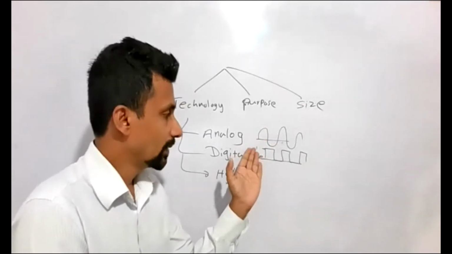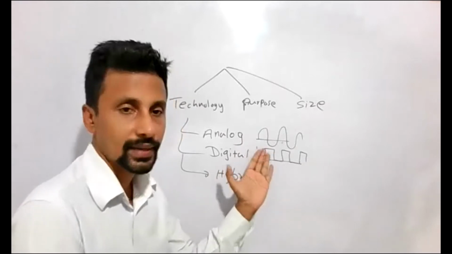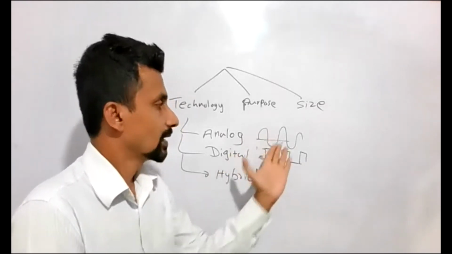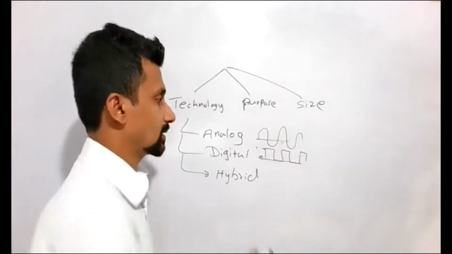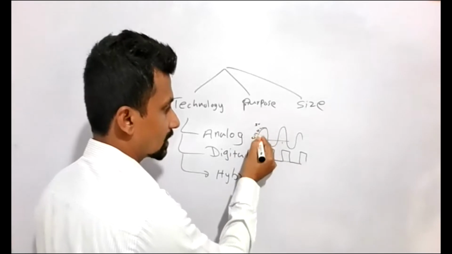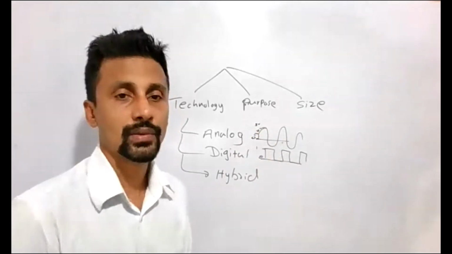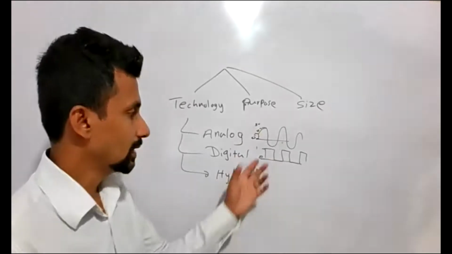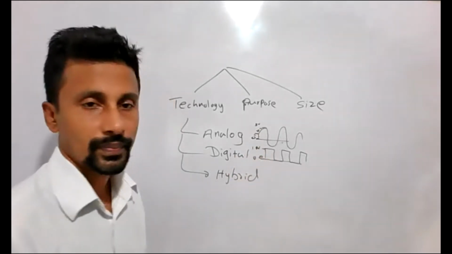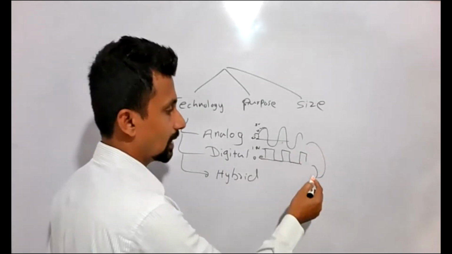So make it 2 state, 1s and 0s. But with the analog one, it is continuous. Here 0 volt, here 5 volt, and in the middle you can take any value, different values. But here you have either 0 or 5 volt, that is 1 or 0. Hybrid means a combination of this.